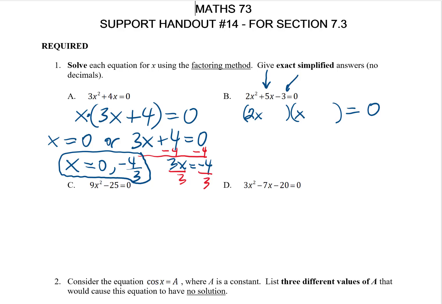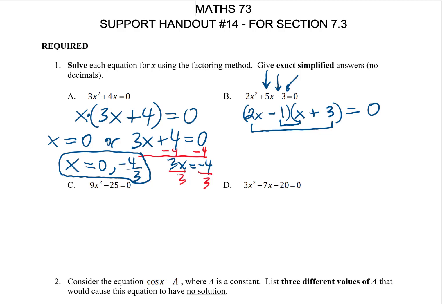This negative sign at the end tells me that I'm going to use numbers with different signs. In other words, a +1 and a -3, or a -1 and a +3. What I'm thinking to myself is, if I put the 3 here, that seems good because then the outer multiplication will make a 6x. And if I put the -1 here, then the inner multiplication would make a -1x.